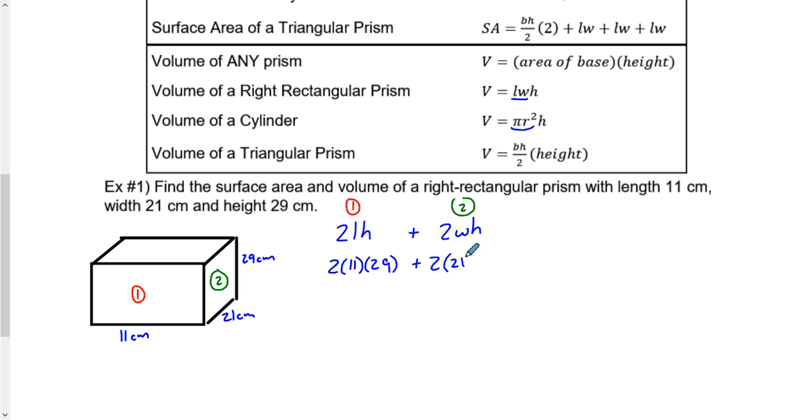Width is 21, height is 29. And we have a top and bottom. Because the top is the exact same as the bottom, you have 2 length width. Length 11, width of 21.